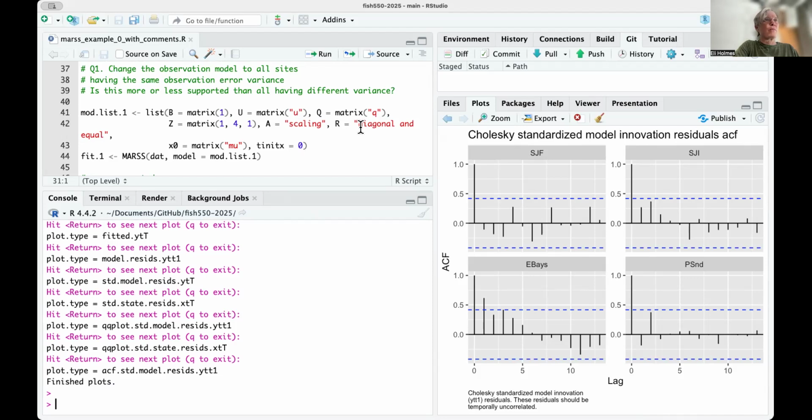Is there anything to do with computation? No. It's a standardization for the residuals.